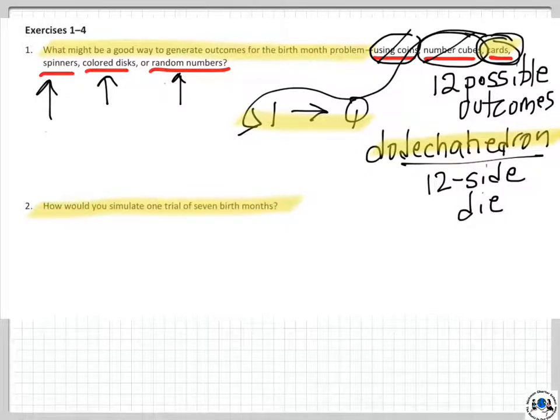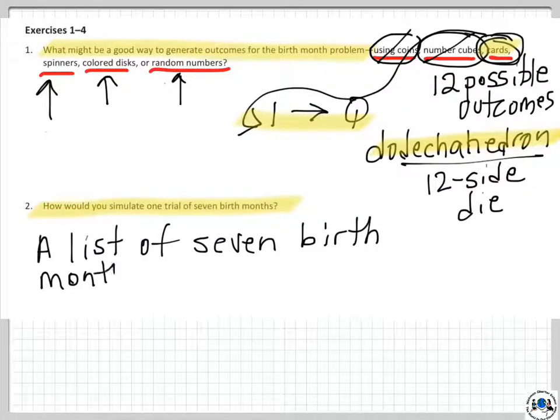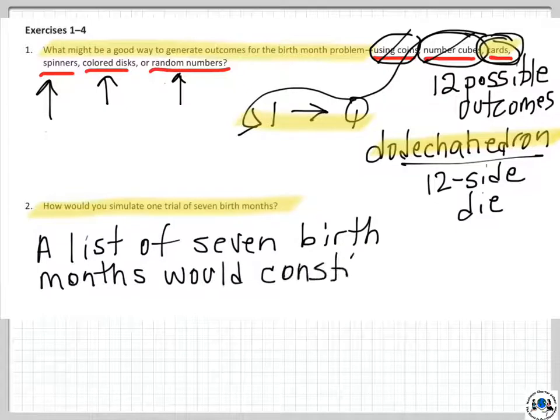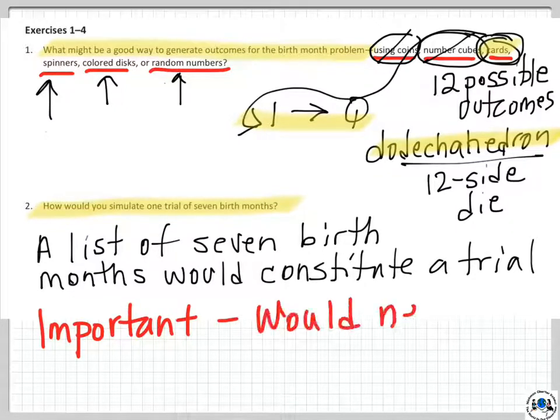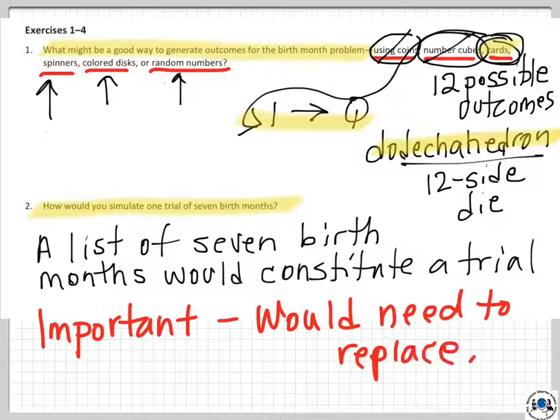I was just thinking, you could do it this way. A list of 7 birth months would constitute a trial. So we would have to pick 7 times. Very, very important in this case is that you would need to replace the cards.